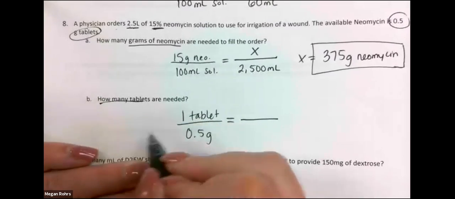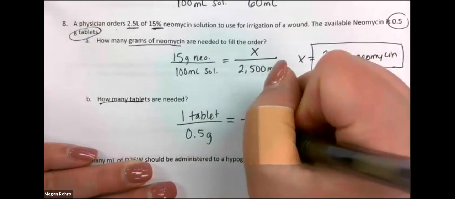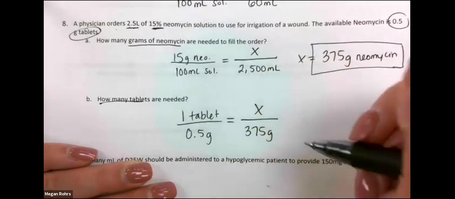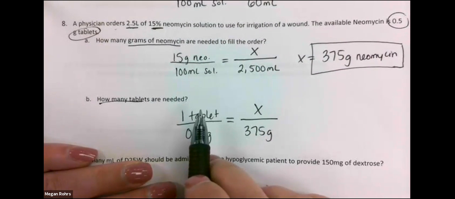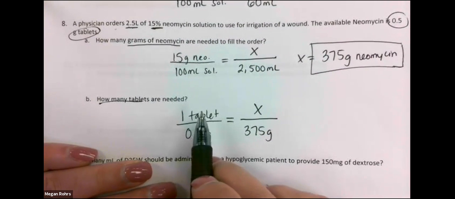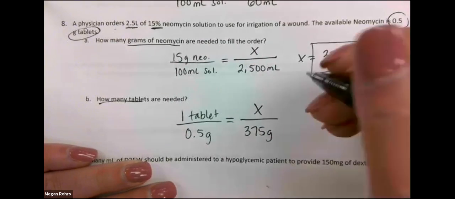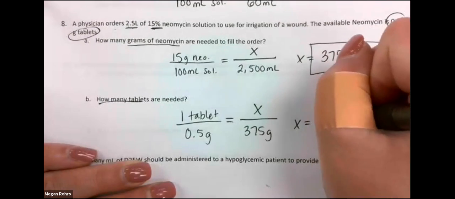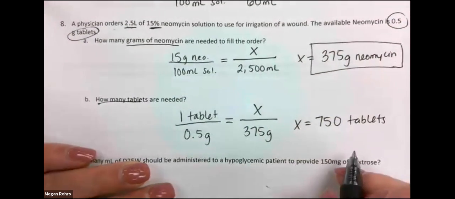How many tablets? Well, our x would go on top. We need 375 grams of neomycin. So 375 times 1 is just 375. We're going to divide that by 0.5, which would give us 750 tablets.